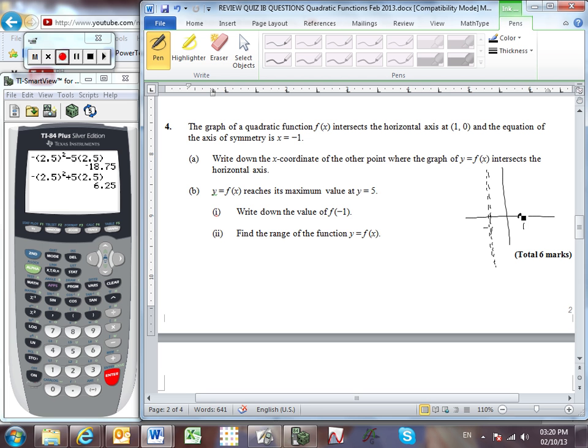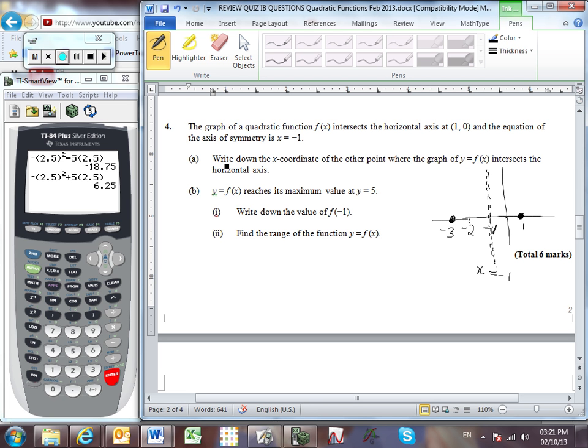So if I've got an x value out here 2 units to the right of that equation of the axis of symmetry, well then surely my other x-intercept must be 2 units to the left. So if this was -1, that must be -2, -3 must be the location for my other x-intercept.